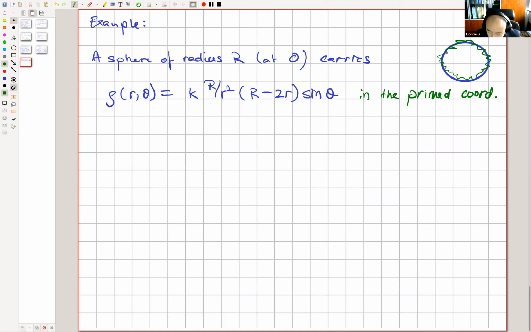And so the question is, how can I find, so the task here is to find the potential, and we can say on the z-axis, but the crux here is far from the sphere.